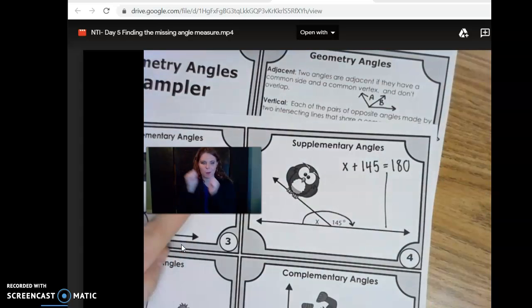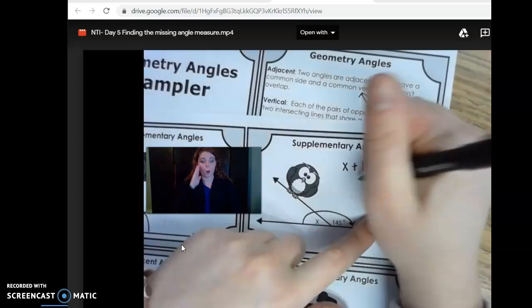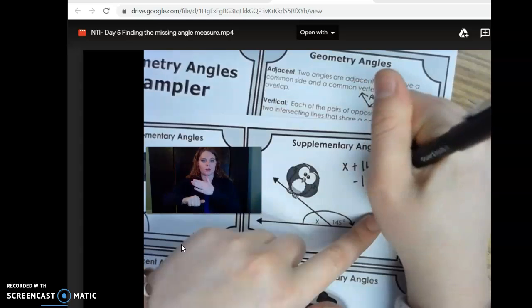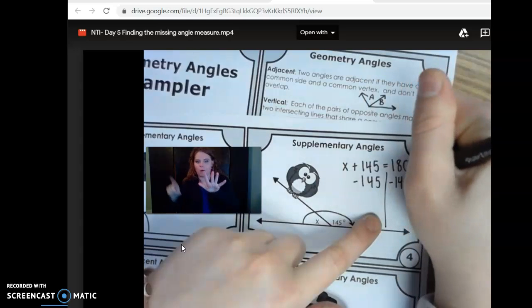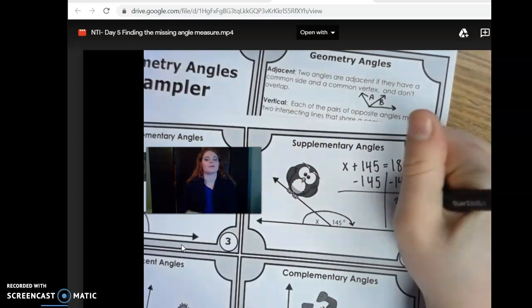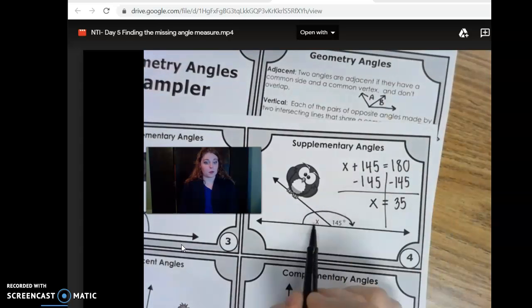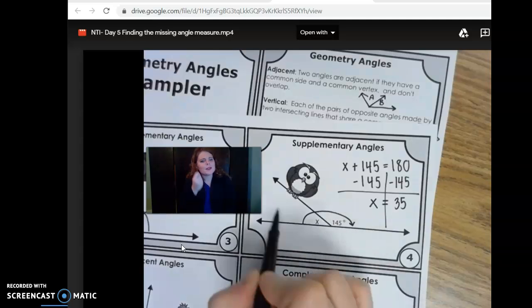Instead of subtracting 55, we will subtract 145 from both sides. You might have to grab a calculator for this, but 180 minus 145 is 35. So our missing angle over here is 35 degrees, which makes sense because it's an acute angle, which is less than 90.